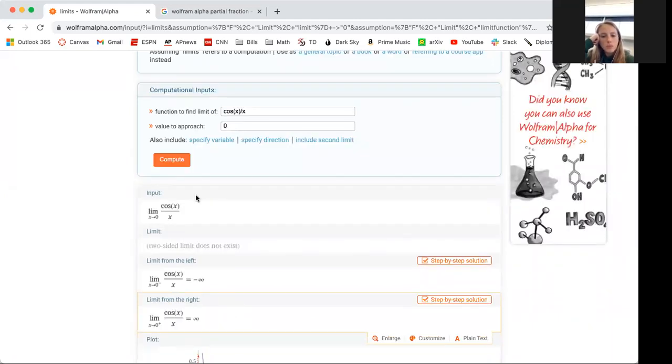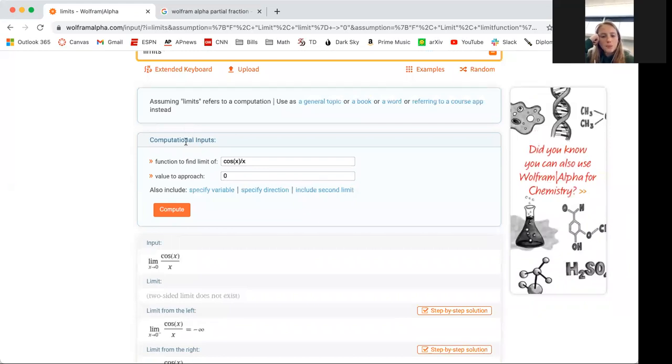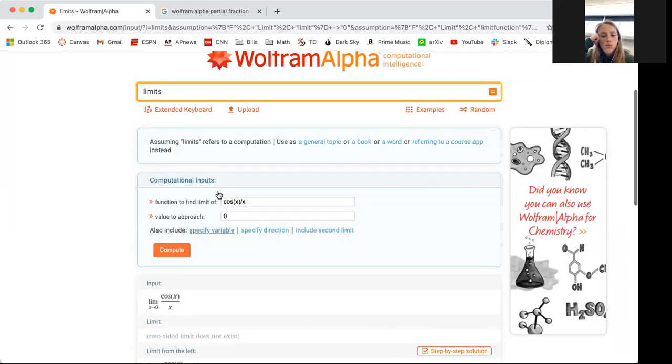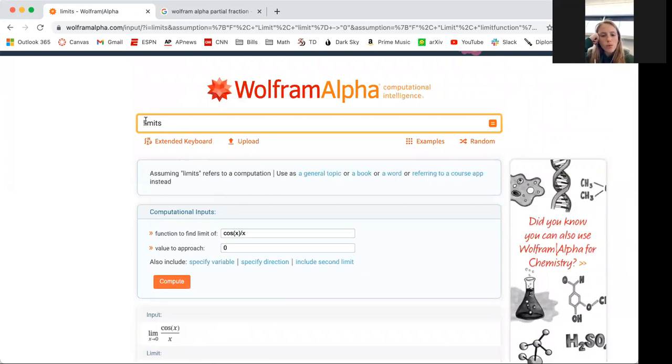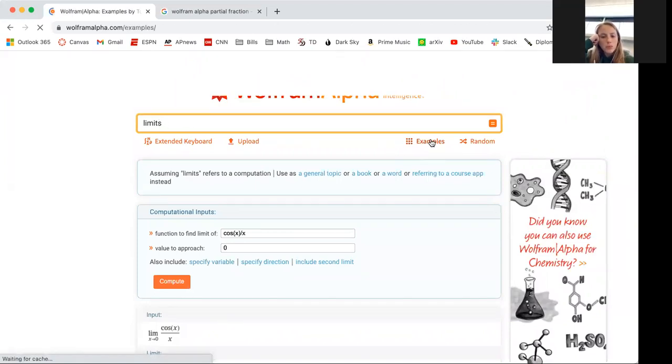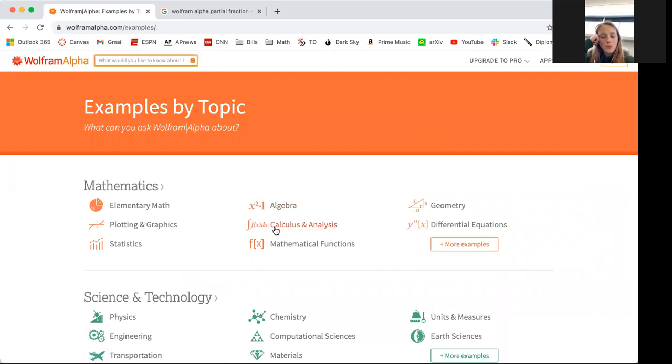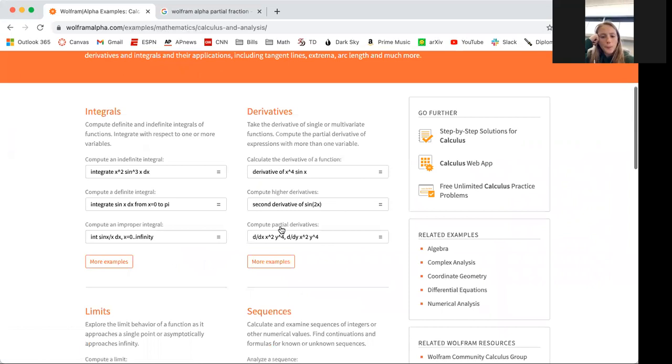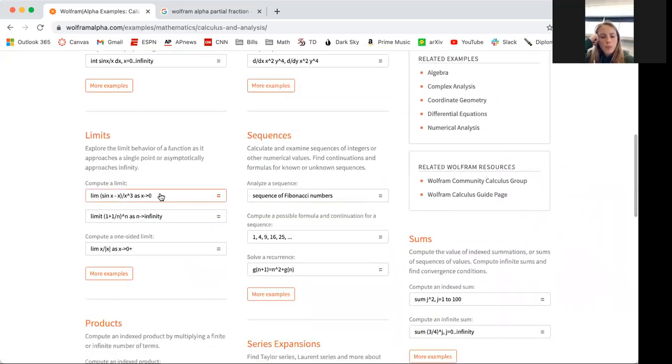But you might also ask, I'd have to find this place first, and I'd rather just know, what do I type in here to make it do a limit? And so for that, we could check, it has in its examples some calculus, and what we can really look for is limits. It has these ready-made examples, so we can see the documentation here.